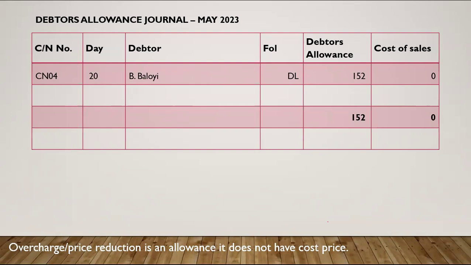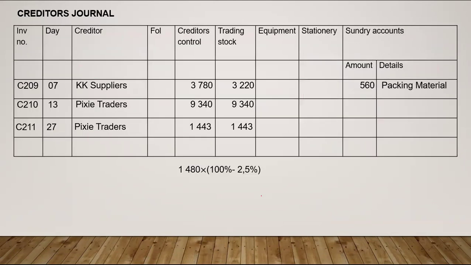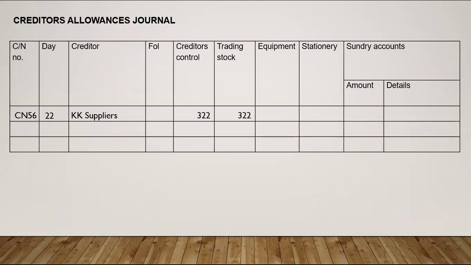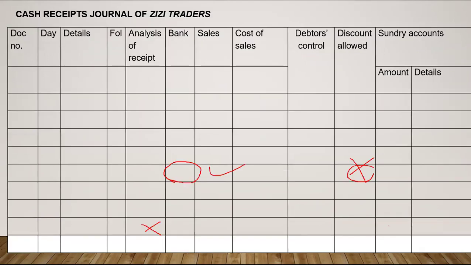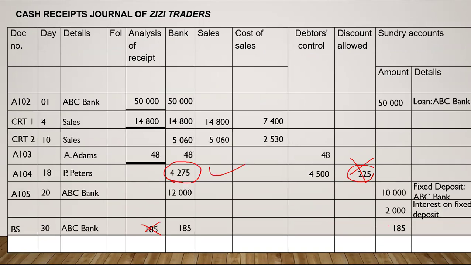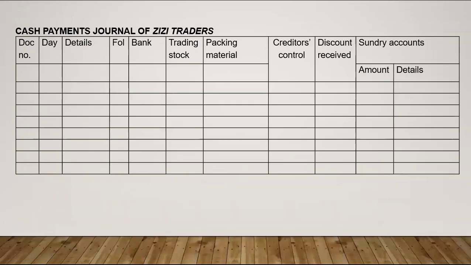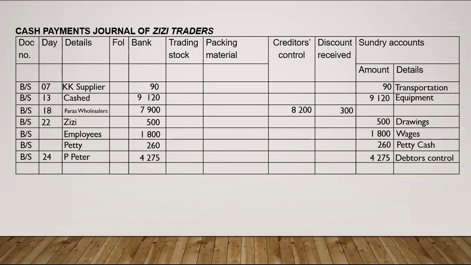Right, that'll be the total for your debtors allowances general, and these will be the totals for CRJ. In most cases, in tests, I don't need you to calculate totals. On my way, this one will want me to start from the beginning. So these are the totals that you will get for your cash receipts journal. And for your cash payments journal, it also wants me to start from scratch. This will be the totals for your cash payments journal.